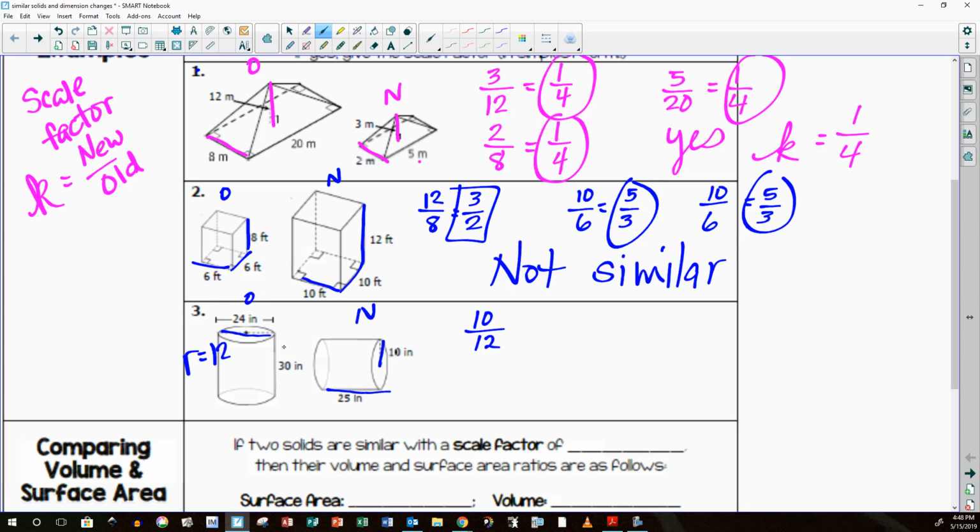This height is 25, this height is 30. 25 to 30, so reduce. 2 will go into that 5 times, 2 will go into that 6 times, 5 will go into that 5 times, 5 will go into that 6 times. So since they are the same, yes, and the scale factor is 5/6.